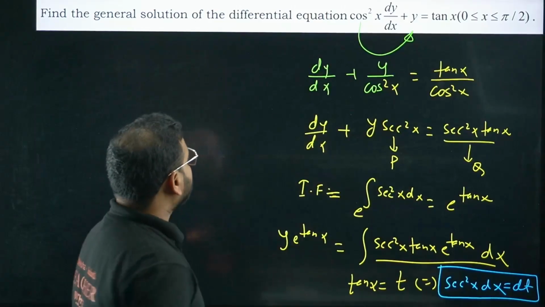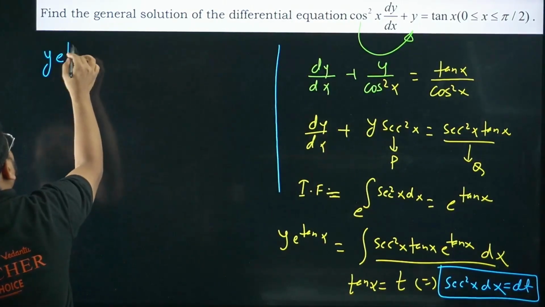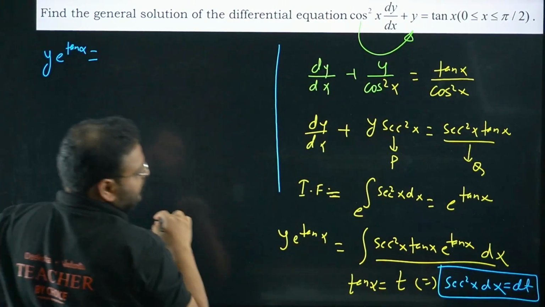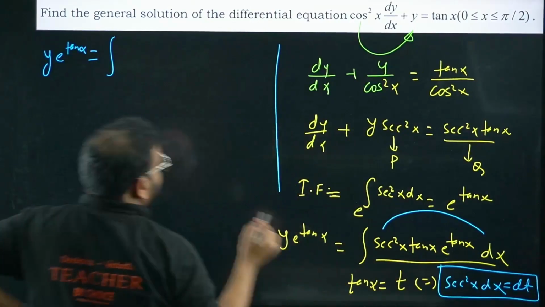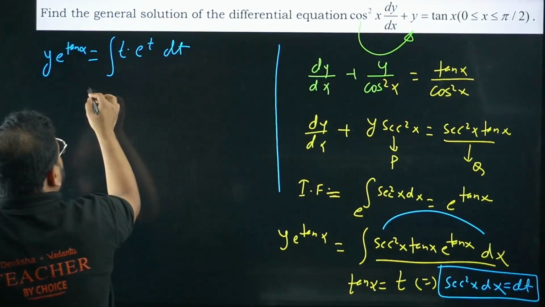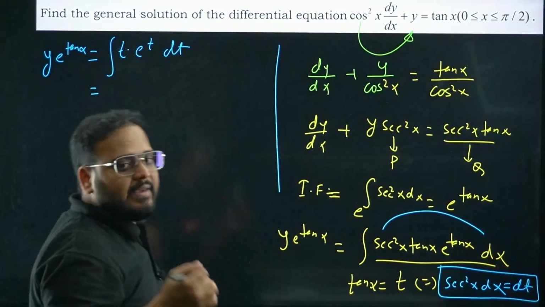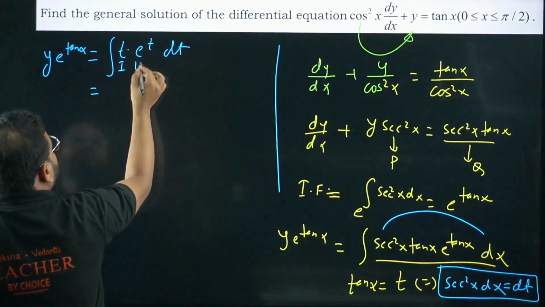Now use the substitution over here. We're going to get y e power tan x only, will keep left hand side without any change. It will become sec square dx will become dt. I have tan x as t and e power t. We have of course dt, let's use by parts. We use the exponential as the last priority, so we keep t as function number 1 and e power t as function number 2.